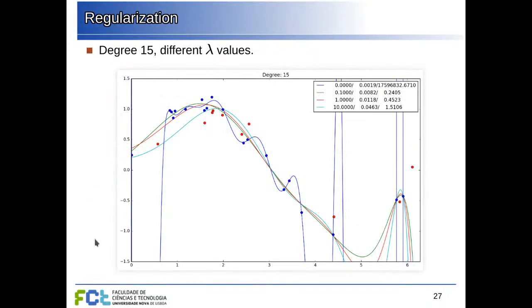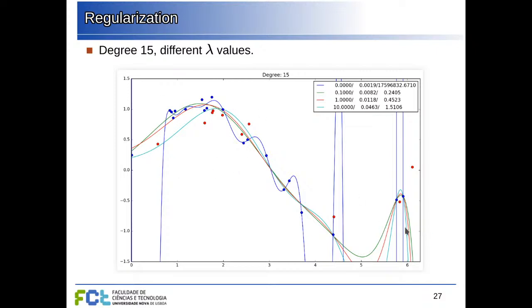So let's see an example here. If we do this with these curves, remember that ridge regression is a linear regression, but we can do polynomial fits with a linear regression. All we need to do is to expand our x values and include x squared, x cubed, and so on, and that way the polynomial is simply a linear combination of these different powers.